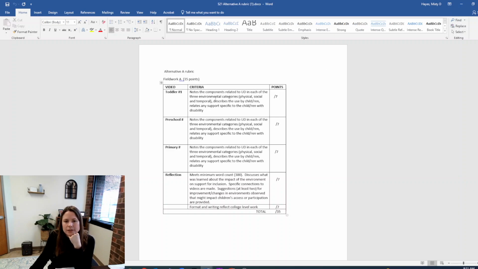So not only do you need to make sure that you're looking at those 3 categories, physical, social, and temporal, you're going to describe the use by children, and any support specific to the children with disability, and you're going to do that for all 3 age levels. But I also want you to take into account that you have to do some reflection component, right? So discuss, what did you learn about the impact of the environment that supports the children.